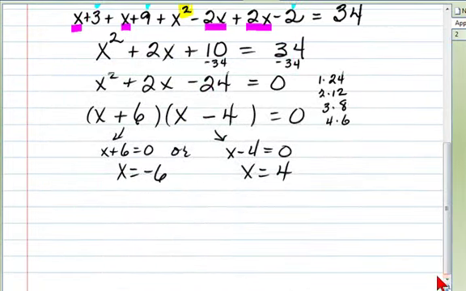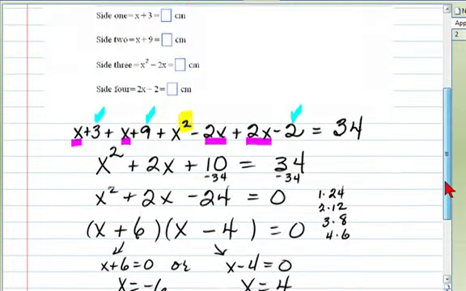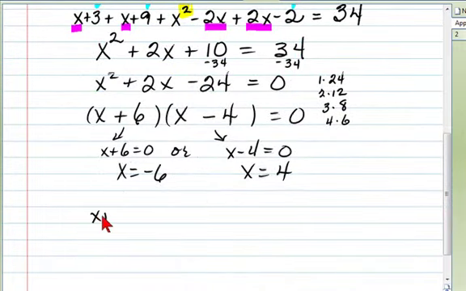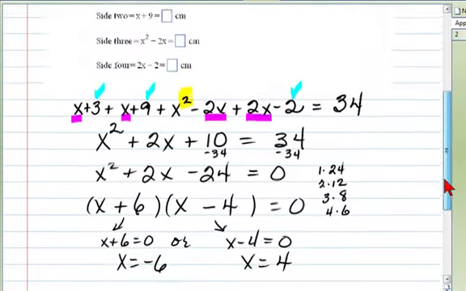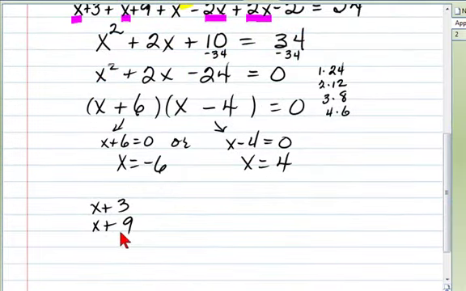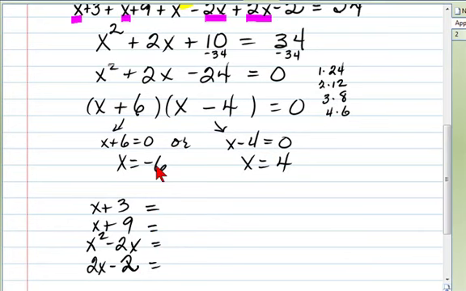Now, if I take a moment to copy those down, I have x plus 3, x plus 9, x squared minus 2x, and the last one is 2x minus 2. Okay, those are my expressions, and I have 2 different x's as my, not answers, but solutions to the equation.